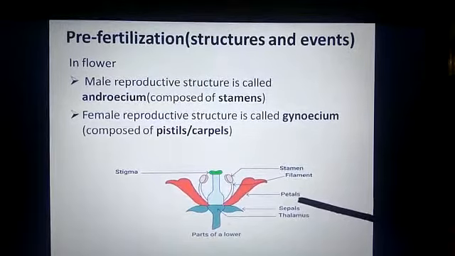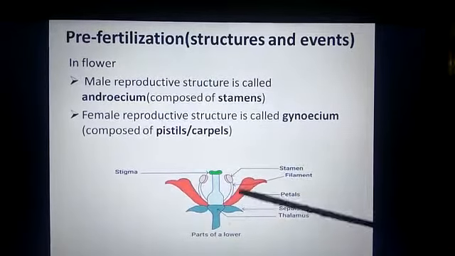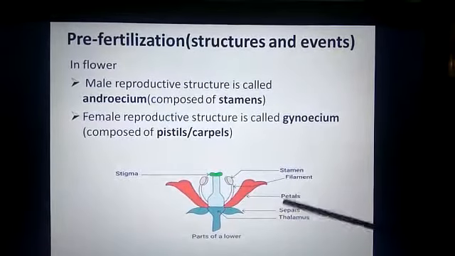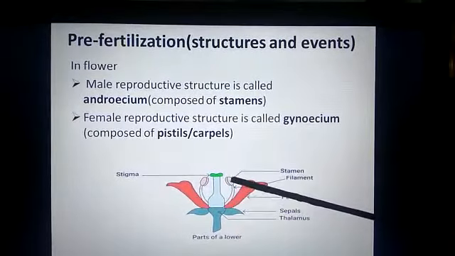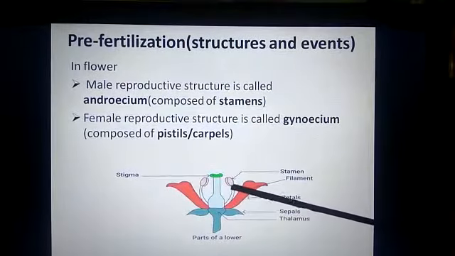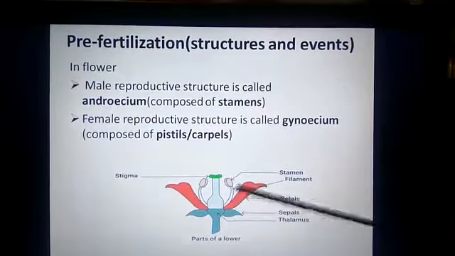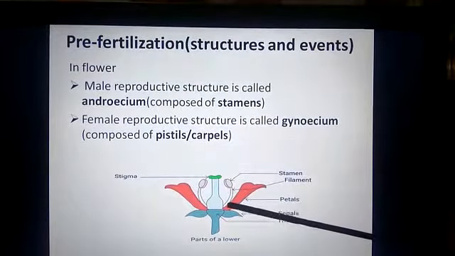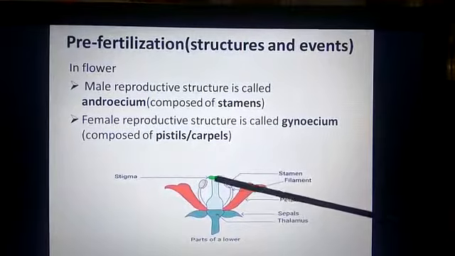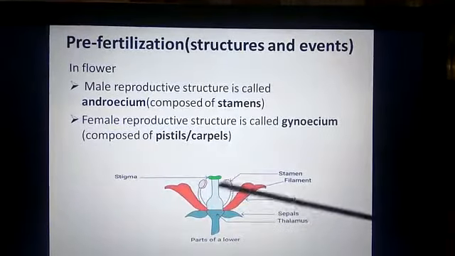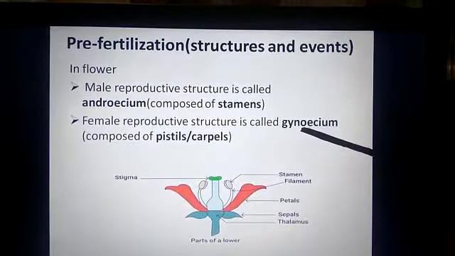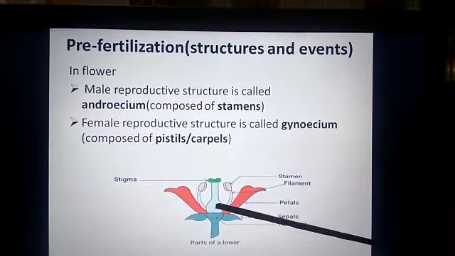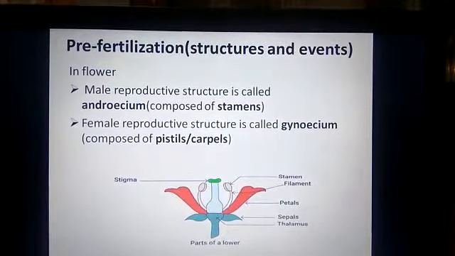The second part is the corolla, and the corolla is composed of petals. Inner to the corolla or petals you see these structures, which we call the androecium, the male reproductive organs in plants. The innermost one is the gynoecium, the female reproductive part in plants.